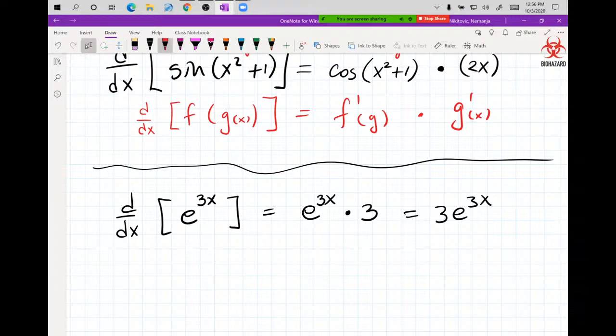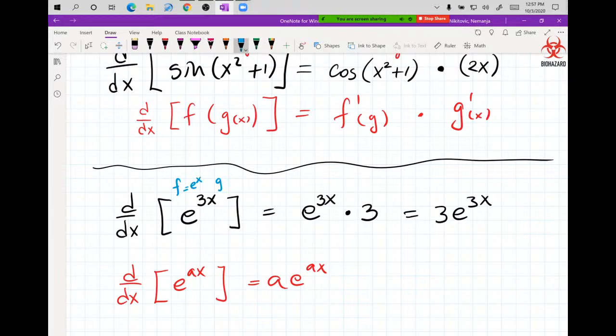So we are able to make that into a formula. I have my f, which is e to the x. I have my g, which is 3x.